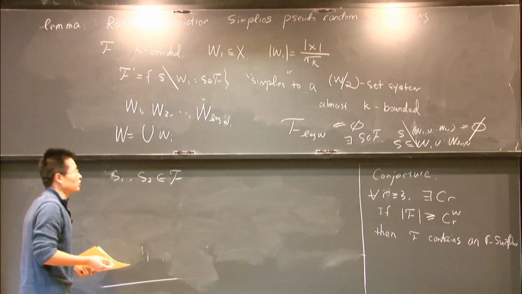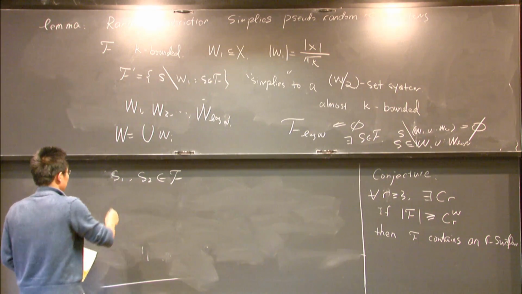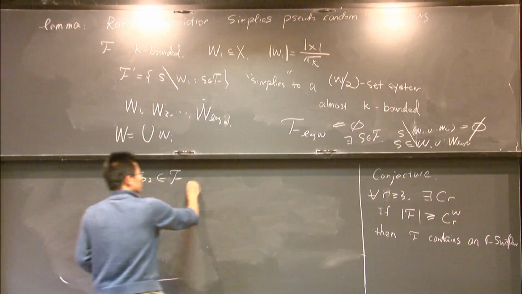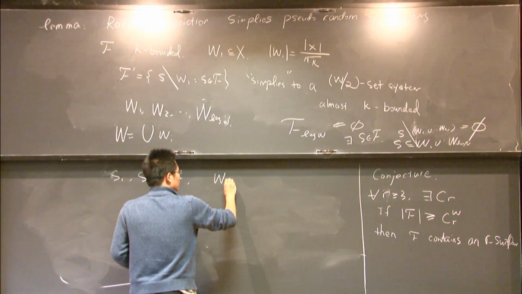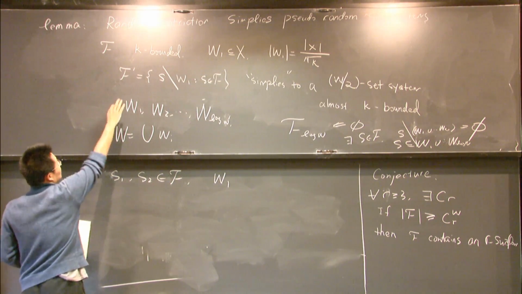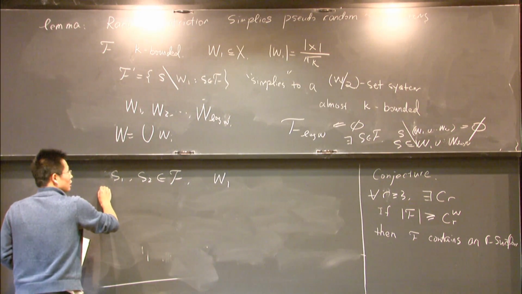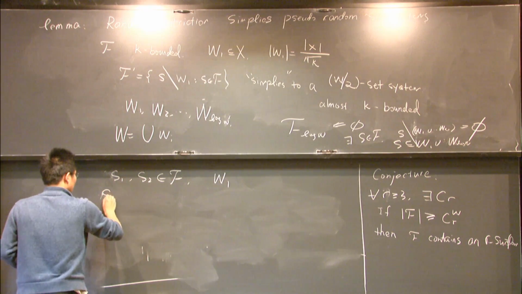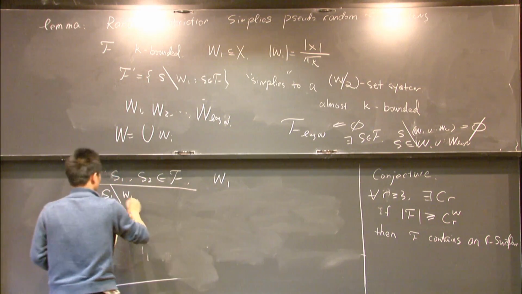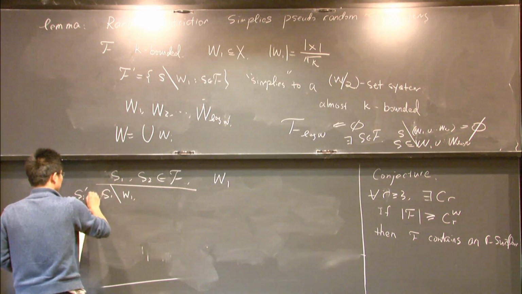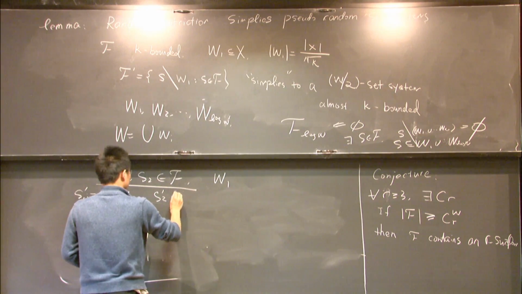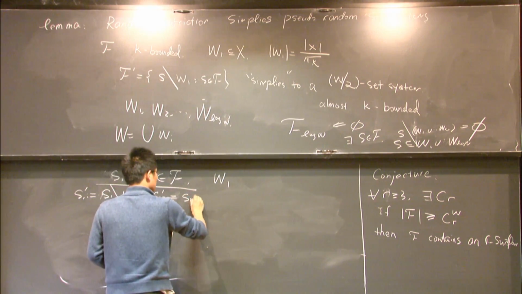Let me first introduce a simple observation. Let's say we have this system, and given W1, now in the new set system F prime, we have two sets S1 and S2.